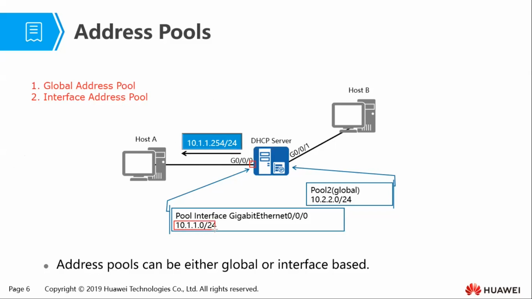So for example, the range here is 10.1.1.1 all the way to 10.1.1.254. So devices that are connected on this particular interface, all the devices, all the hosts, you'll have many hosts here, host A, C, D, and so on. All of them are going to be assigned an IP address from this range. So that is what we call the interface address pool.